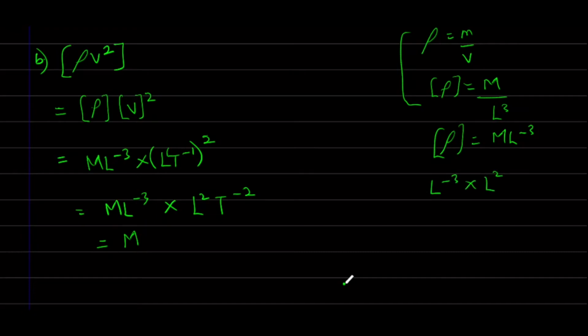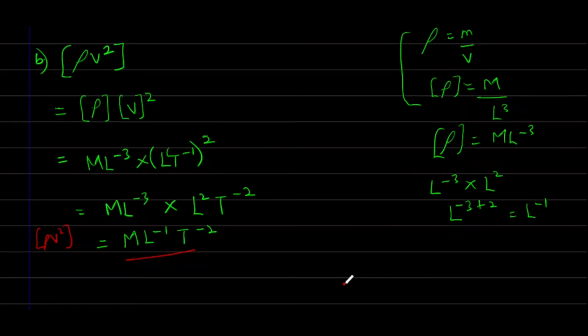Multiplication in indices means plus, so minus 3 plus 2 will give us L raised to the power minus 1. We only have one T, that is T raised to the power minus 2. So, as you can see, the dimension of density V square is the same as the dimension of pressure, which is ML minus 1, T minus 2.